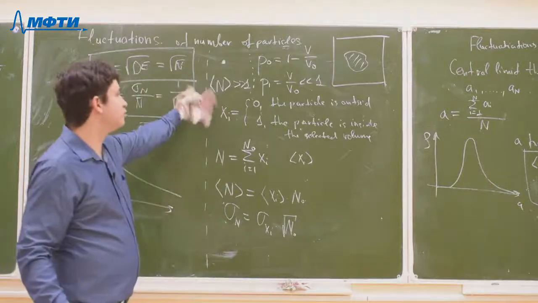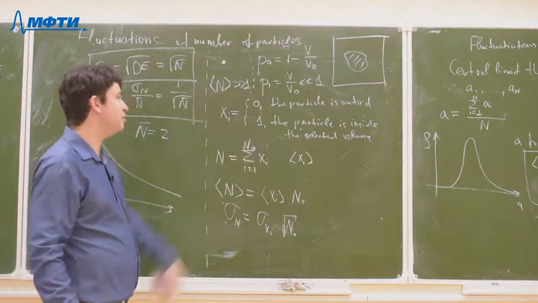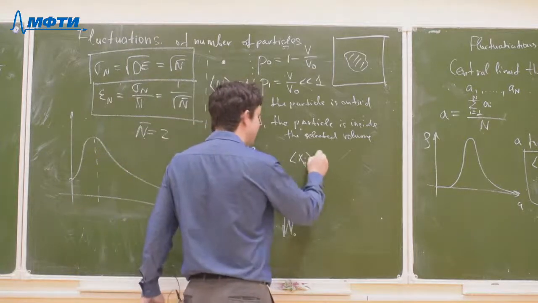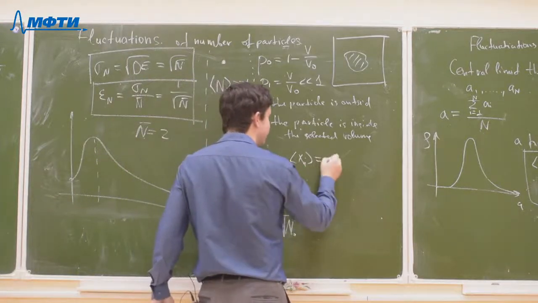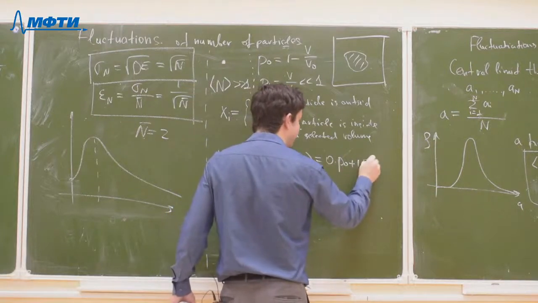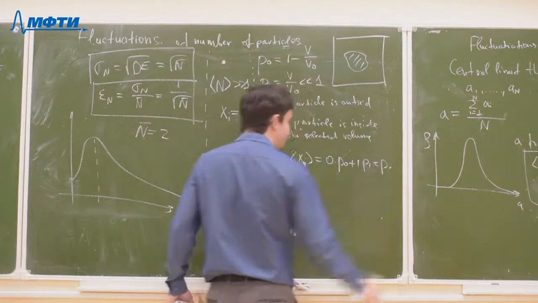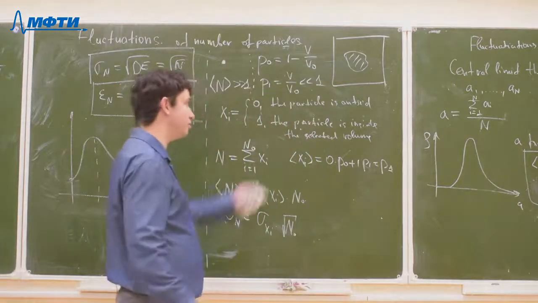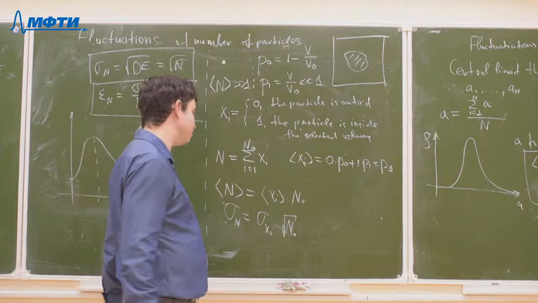Since we have only two possible outcomes for all of the xi, all of the calculations become quite simple. Xi average is equal to 0 multiplied by P0 plus 1 multiplied by P1, which is exactly equal to P1, the probability for the particle to be found in the selected volume.